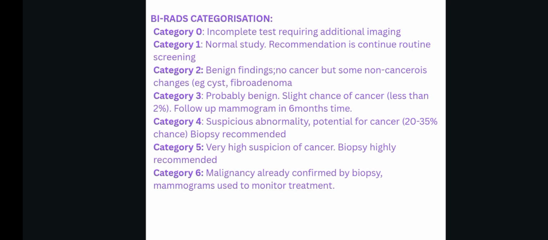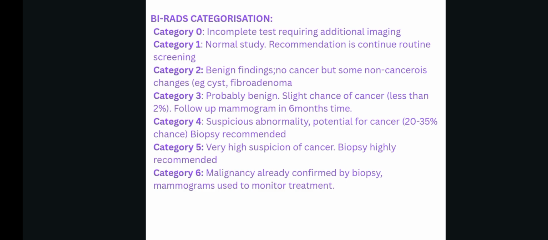The recommendation is normally to continue your routine screening, which is that women of 40 years and above are expected to undergo mammogram screening at least once in a year. Then category 2 means there are findings, but they are benign, that is, they are not cancerous.